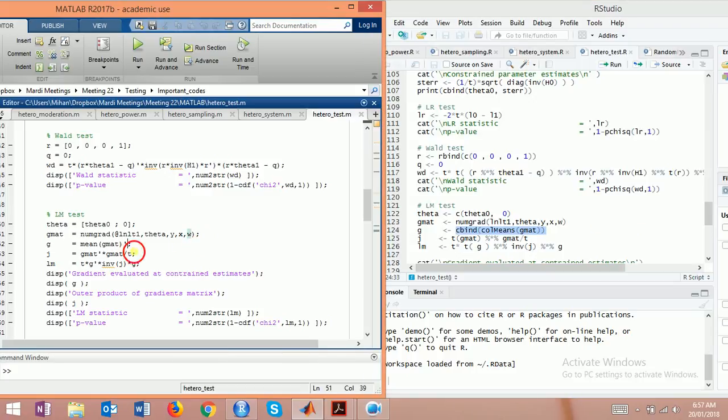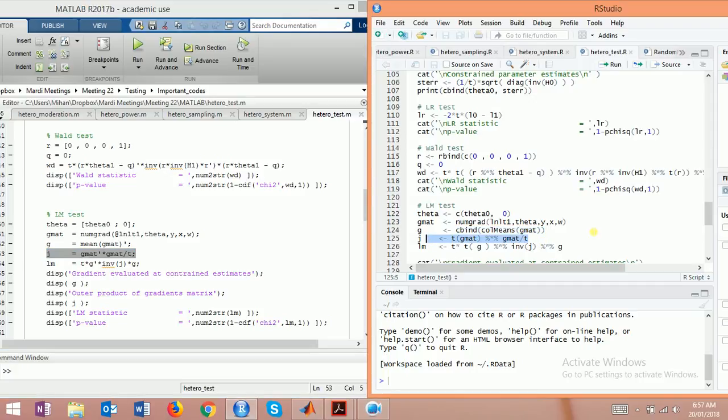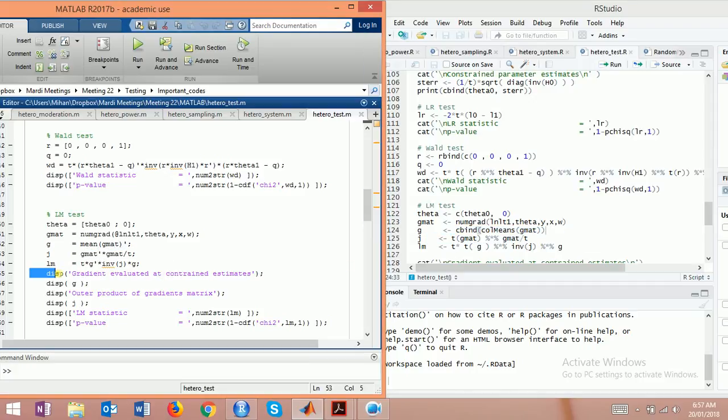Then the outer product of the gradient, or OPG, is J, which is the gradient transposed multiplied by the gradient divided by T. And LM is T times G transpose, inverse of J, times G. This is the LM test statistic, and that is something we have always known. Very simple.